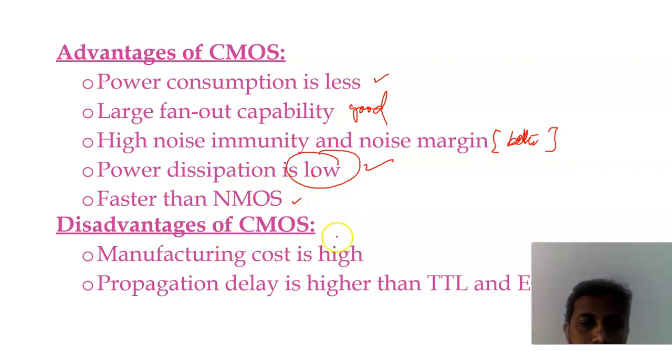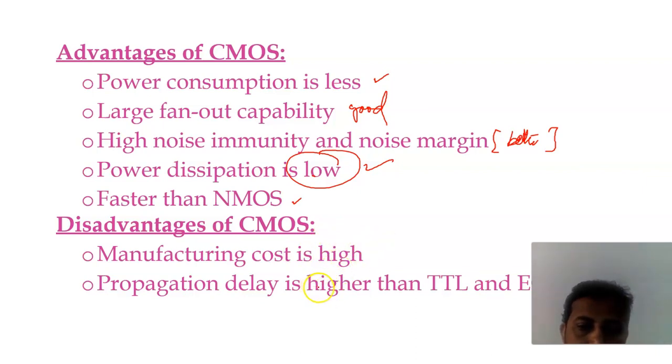The disadvantage is that NMOS circuits have only N-type MOSFETs and PMOS circuits only P-type MOSFETs, but when you go for CMOS, you have NMOS as well as PMOS. So the cost would be more.